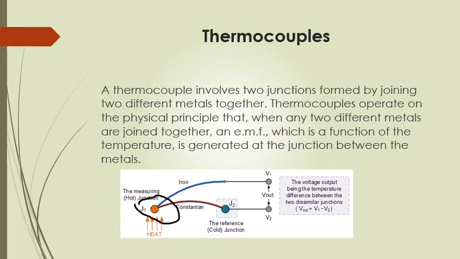This gets into contact with the body that you are measuring temperature of, and this is our reference value. So the EMF that is generated from the change in temperature in this hot junction can be processed further to give us the value of the temperature.